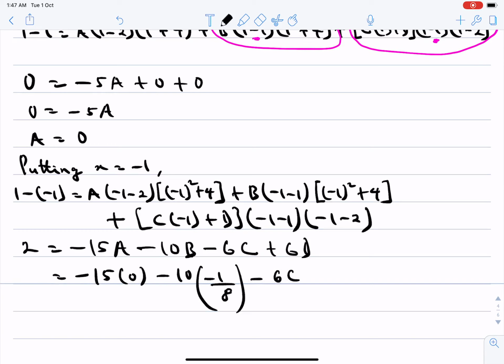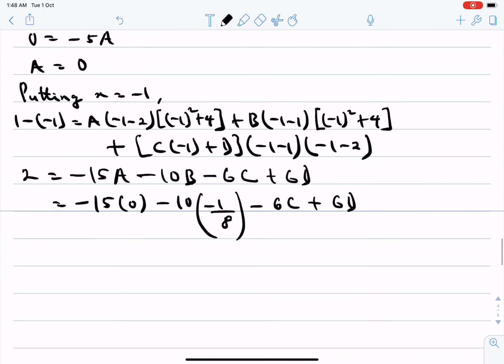Minus 6c plus 6d. And that's equal to 1 over... that means 2 equals 10 over 8, which is 5 over 4. Minus 10 times minus 1 over 8 is 5 over 4.